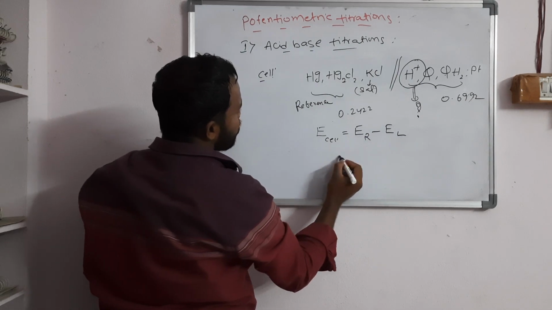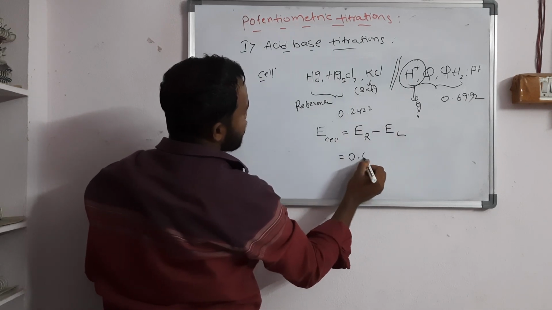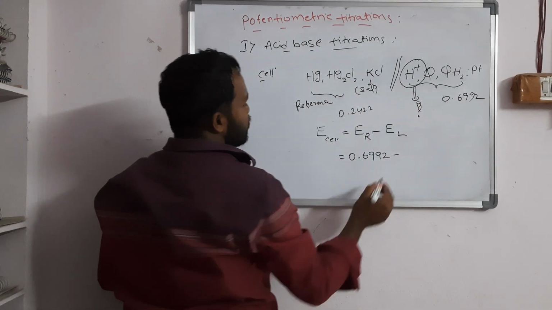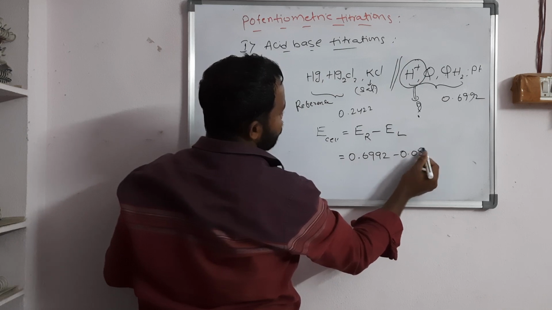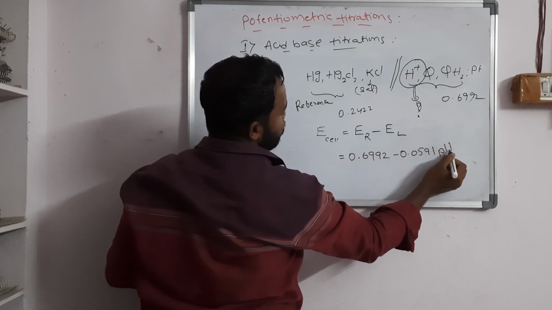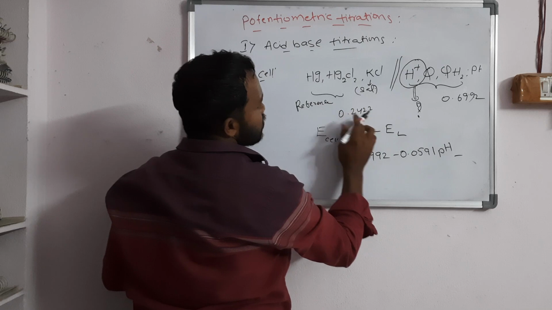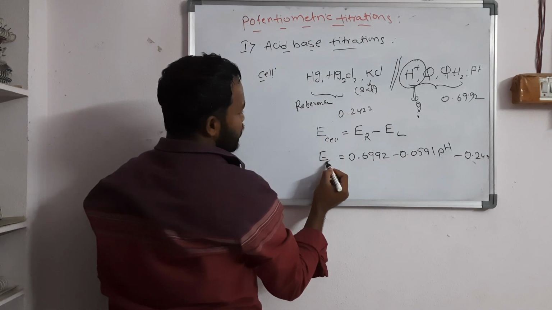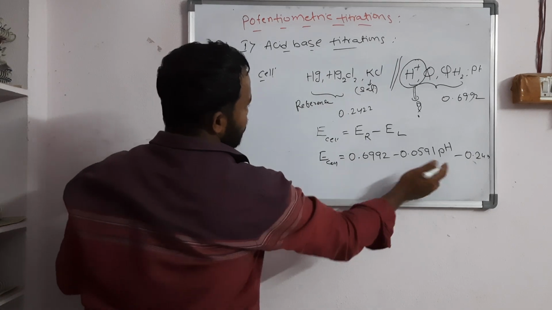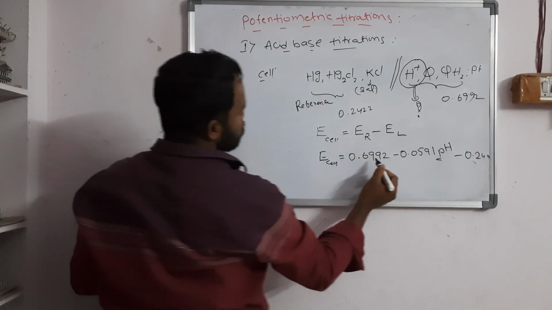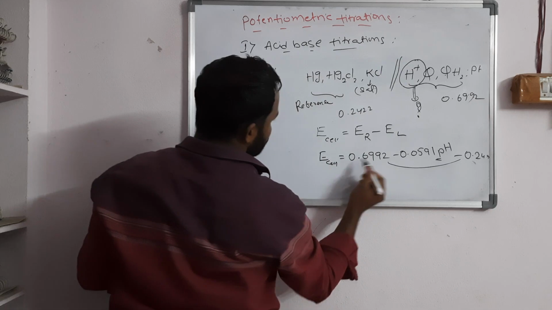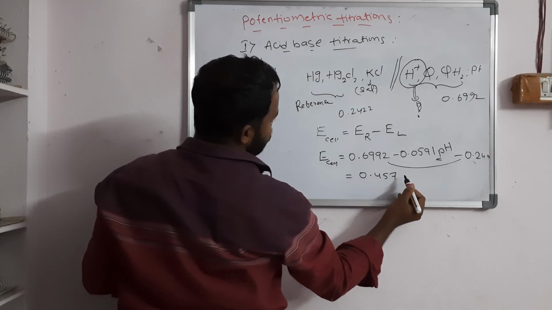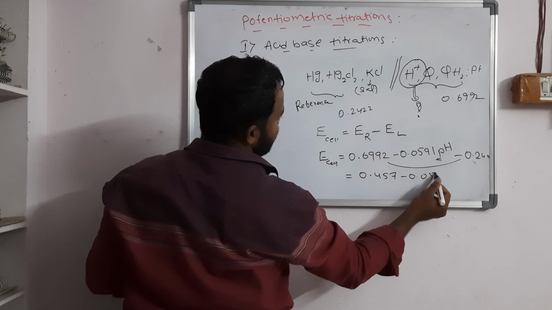The right side value is 0.6992 minus 0.0591 pH, minus 0.2422, and this is E cell. If I want to calculate pH, I subtract these values and get 0.457 minus 0.0591 pH.